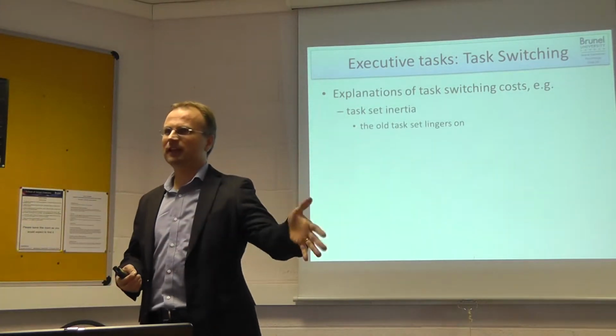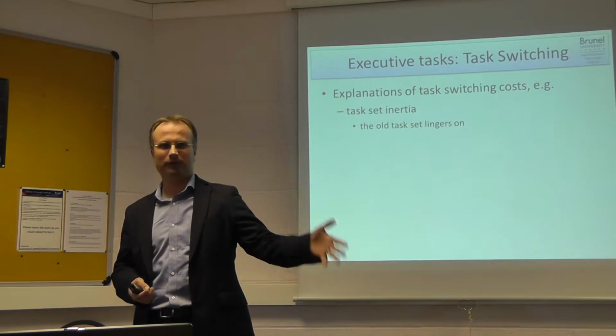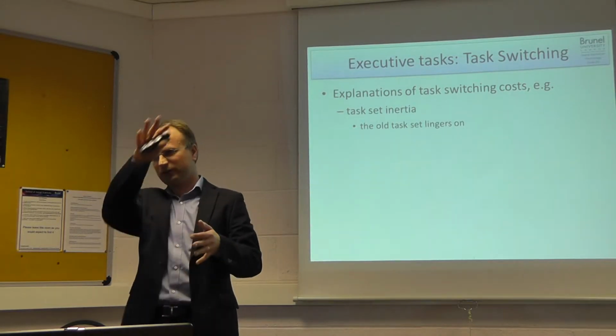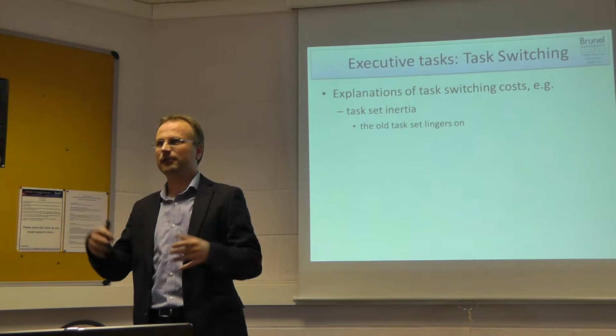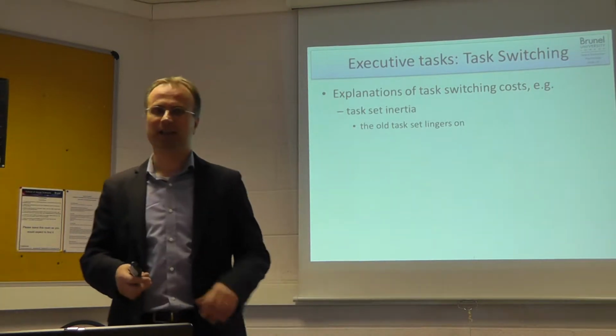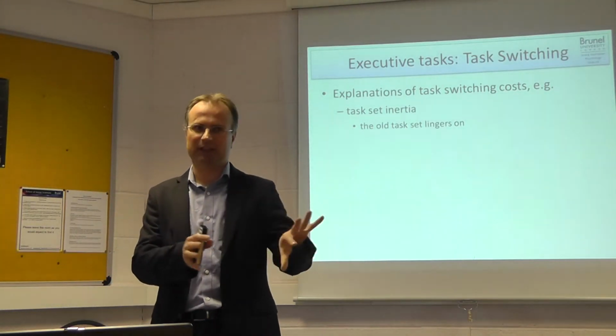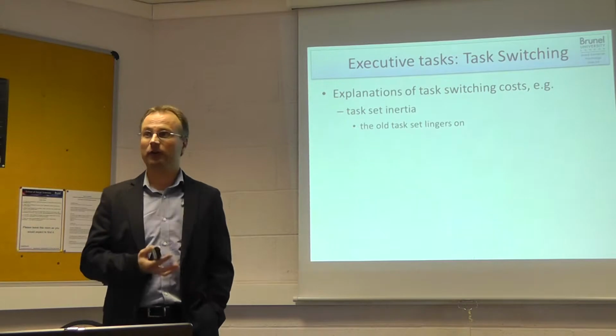So you have just done the odd-even task, you just can't turn it off from one trial to the next. It slowly decays, and therefore in the current trial you suffer from interference from the last trial, so you have to put active inhibition in and shield the current task from interference. So that costs time.